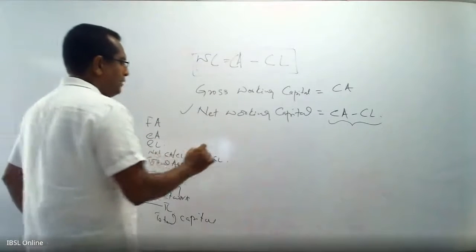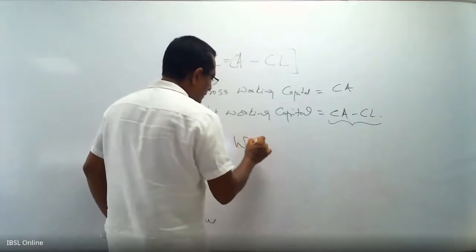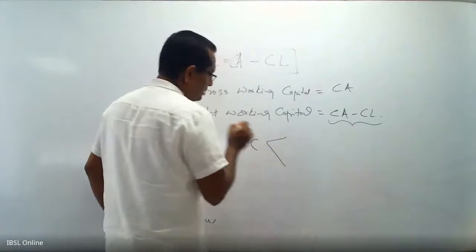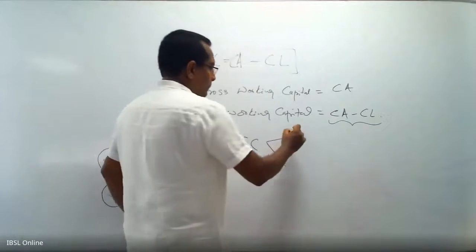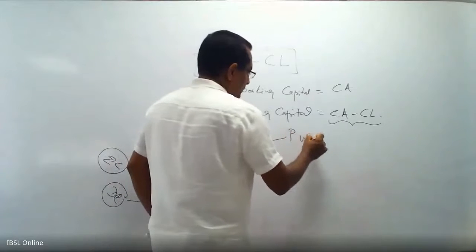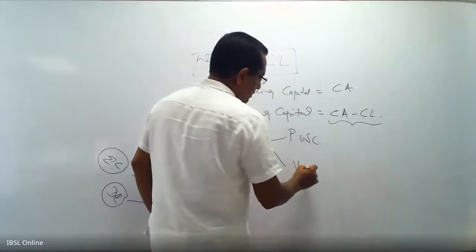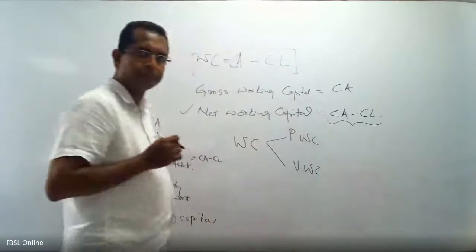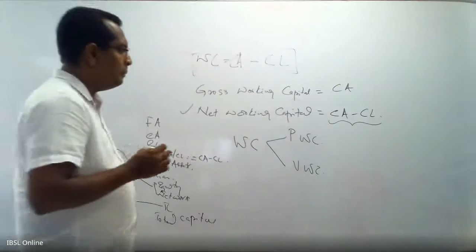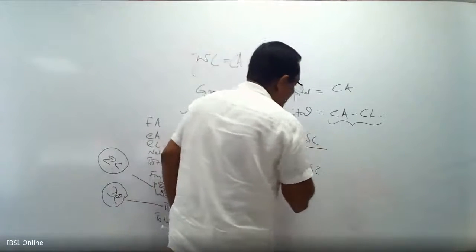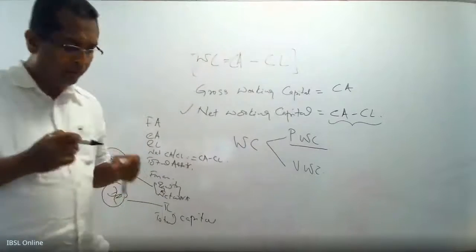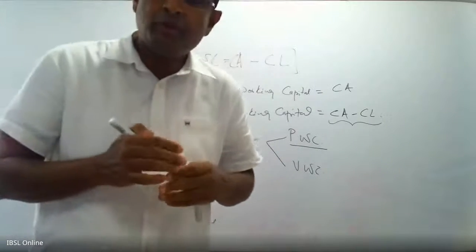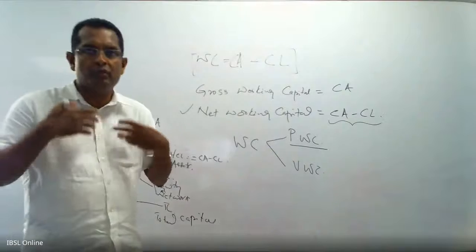Then when we talk about working capital, we have two things: permanent working capital and variable working capital, right? Permanent working capital is the day-to-day funds we need, which has to be of permanent nature. It has to be there.